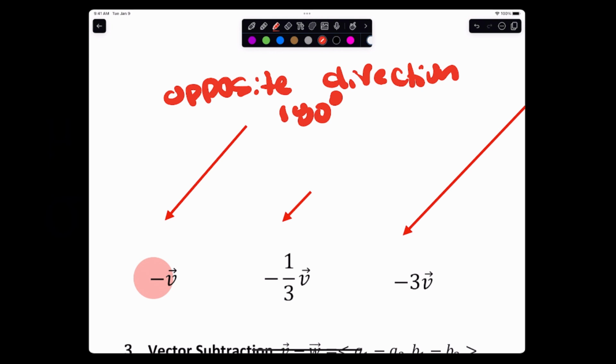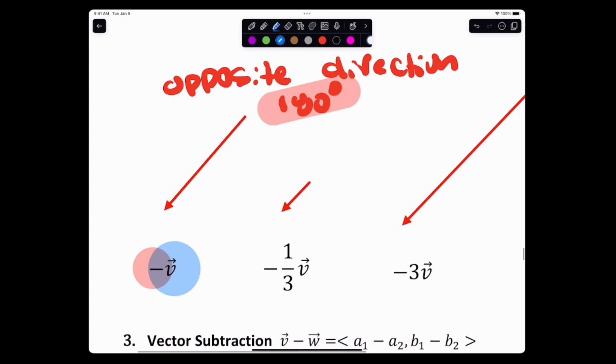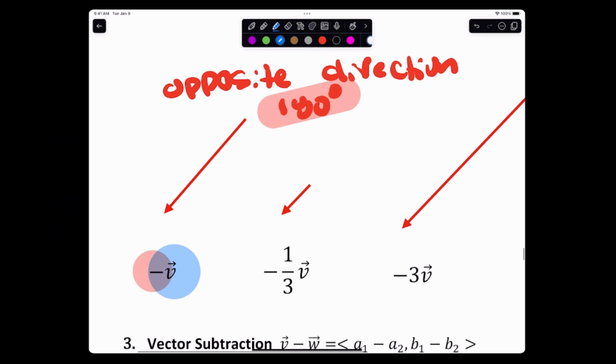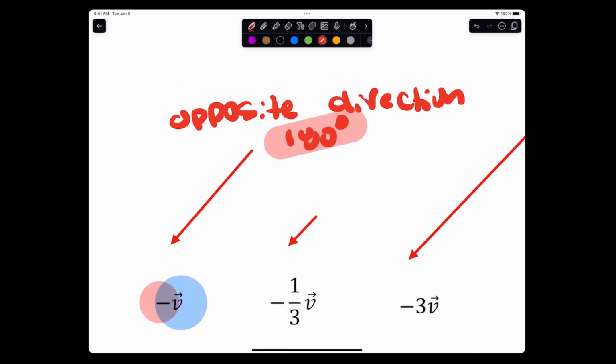That's what they mean by this negative value for v here. Okay, it's still going to be the same. You're going to have the same magnitude, but the effect of taking a negative number to a vector means change direction directly opposite. So maybe I should put that word. It's directly what? Opposite, not randomly opposite.